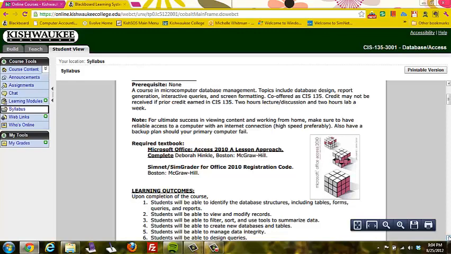The required textbook is this book right here, Microsoft Access 2010, A Lesson Approach by Juarez and Carter. I'm sorry, it's not Deborah Hinkle, it's Juarez and Carter. And then the SimNet grader for the access to the SimNet.